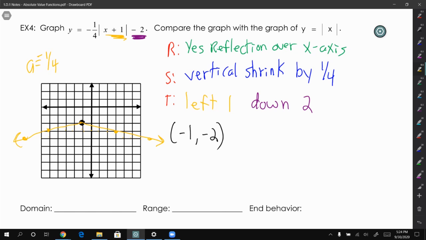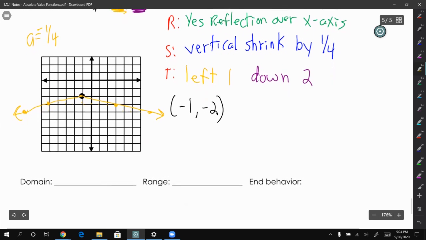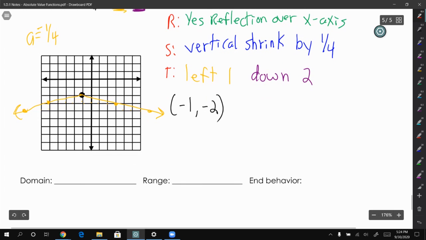So that's a very shrunken down absolute value graph. Domain. Even if you don't get all of these parts, when you're taking a test or a quiz or an assignment, the domain for this absolute value you should get no problem. Always negative infinity, comma, infinity. Range.